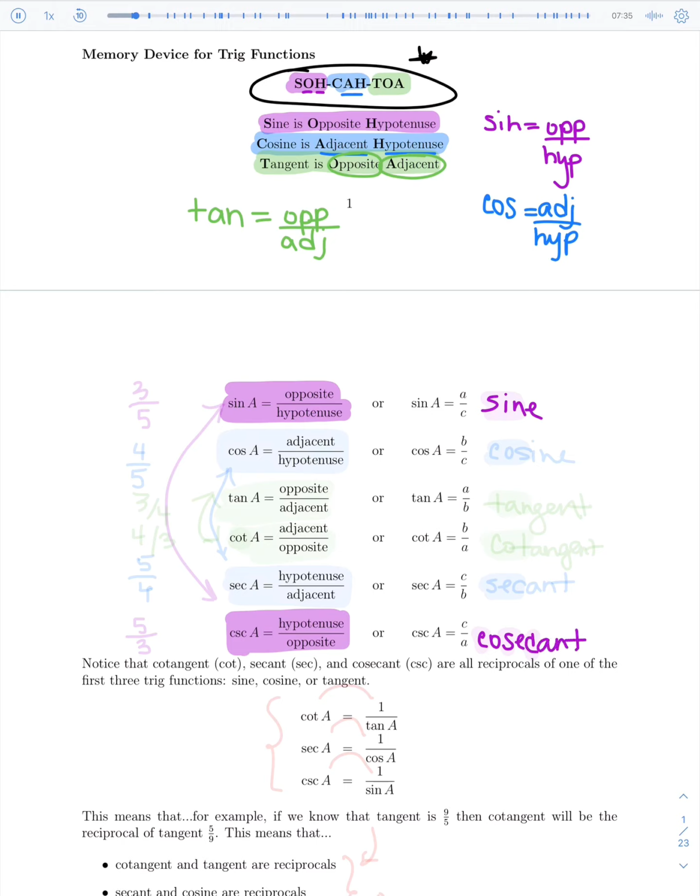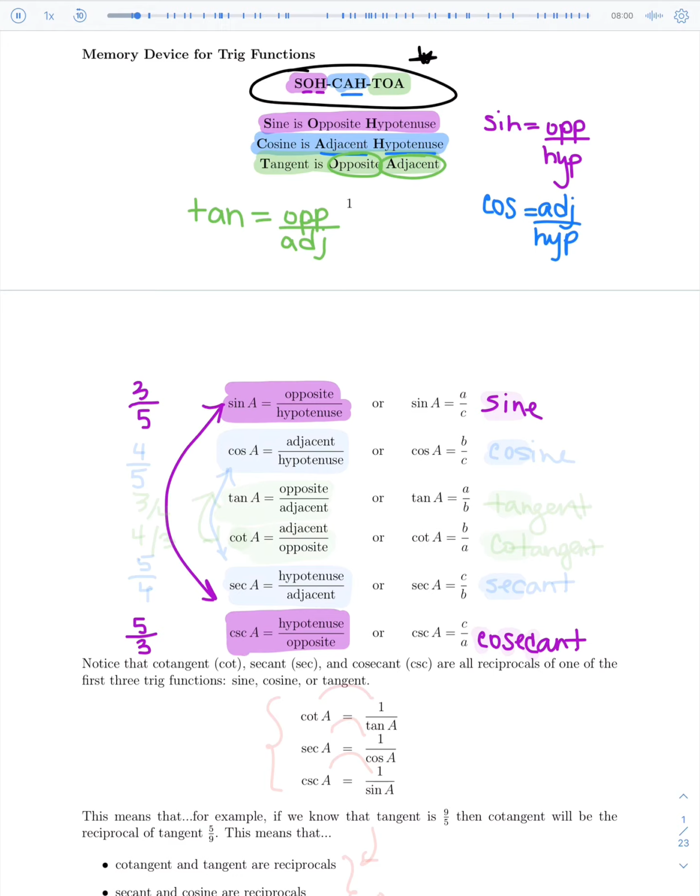And instead of writing out cosecant every time, they shorten it to CSC, but these two are reciprocals of one another. What does that mean? It means that if sine, just as an example, is, let's say, 3/5, cosecant would be its reciprocal, flipped upside down, 5/3.